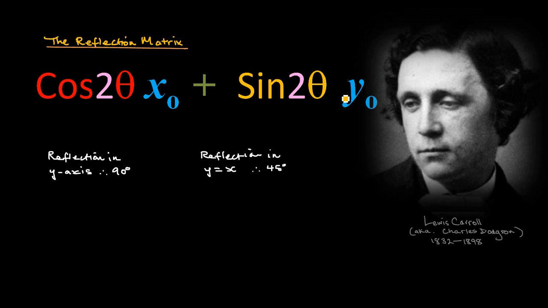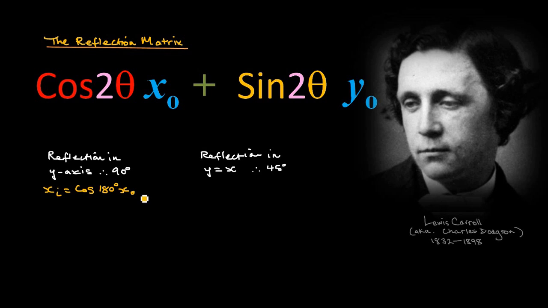So let's go ahead and look at reflection in the y-axis. In fact, let's do reflection in the y-axis and reflection in y equals x. So reflection in the y-axis first. The x coordinate of the image is going to be the cosine of 2 times 90, so the cosine of 180, multiplying the x coordinate of the object that you're given.